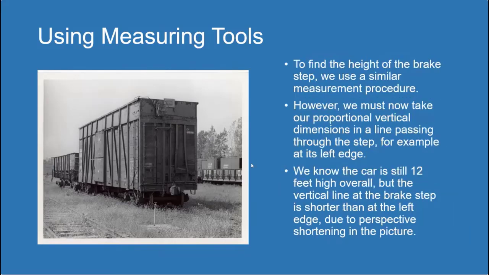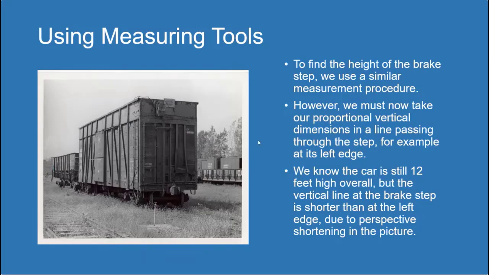Now, let's say we want to find the height of the brake step. And we can use a similar procedure, but we now must proportion our measurements on a line running through the brake step. So let's consider the left edge. If we take the ratio of this point to the bottom and the car top to the bottom, we still know the car is 12 feet high, but the vertical line that we're using is now intersecting the brake step, so we'll get an accurate number.